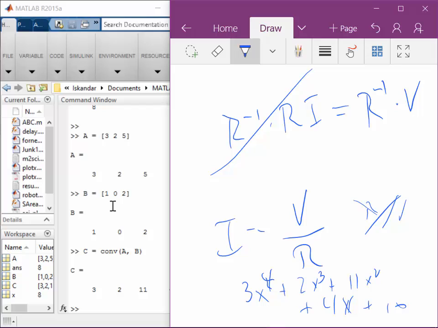And you can sit down and look at that original polynomial and multiply the two.